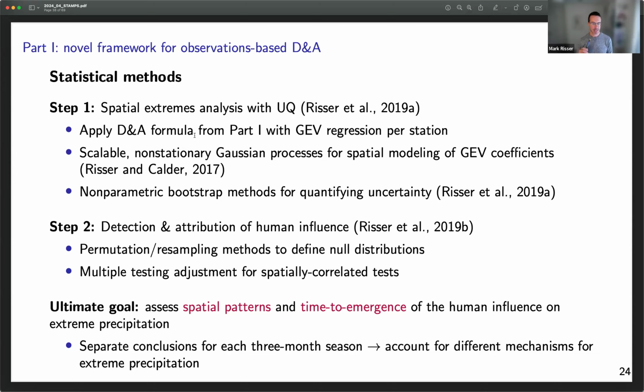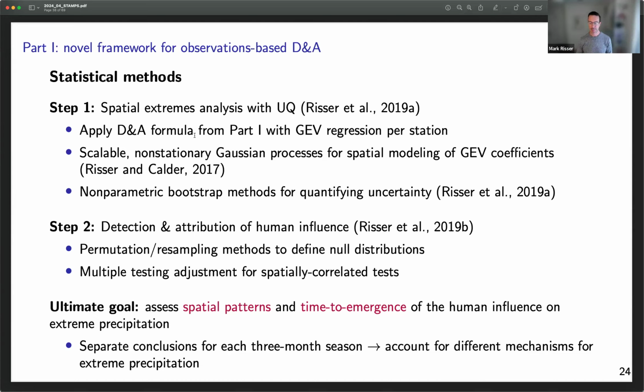And I hinted at this earlier, but we're going to apply this whole framework separately for each 3-month season: wintertime, spring, summer, and autumn. The reason we're doing that is that, especially for extreme precipitation, different mechanisms and different weather phenomena lead to extreme precipitation events in different parts of the year. In the wintertime here in the United States, these tend to be large-scale atmospheric events.